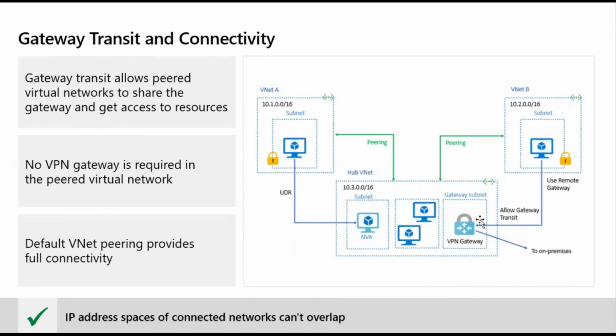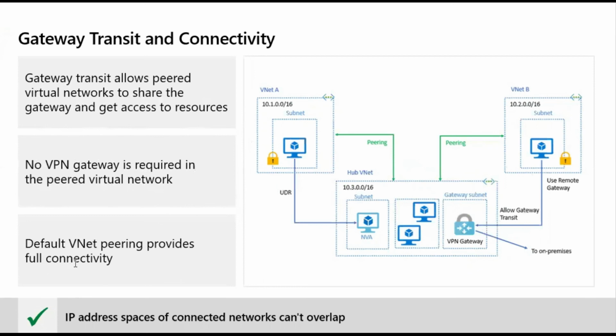So the gateway is important. A gateway is the same as a router. It can provide you connectivity to different subnets. No VPN gateway is required in the peered virtual network. That means once you peer, it will work like a VPN, but you do not have to configure any VPN.